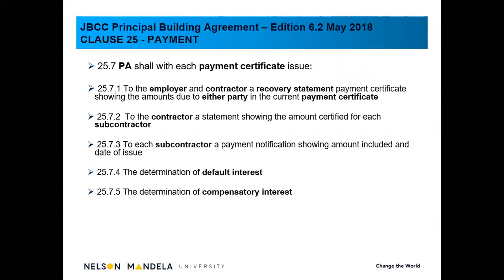Now, just for noting, default interest is applicable up till practical completion. It is the late payments specifically. Then there's also compensatory interest, and that is mainly for our purposes at the issuing of a final payment certificate.